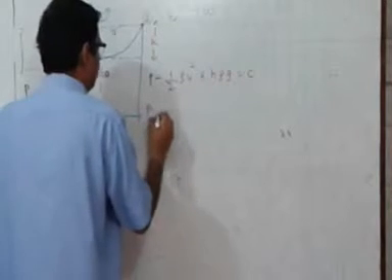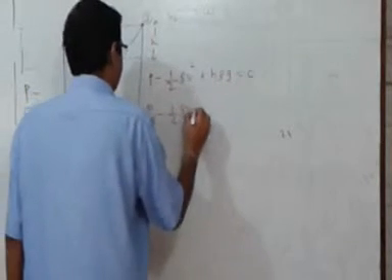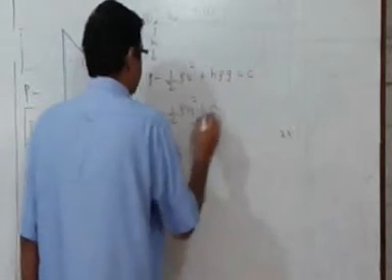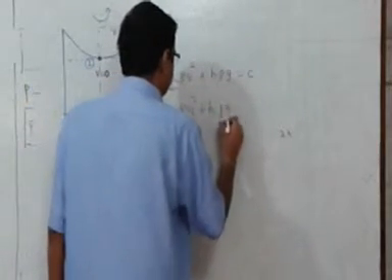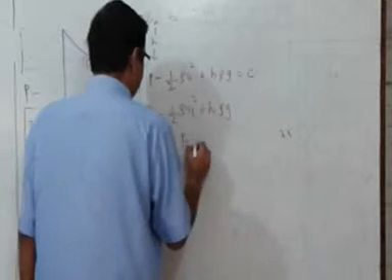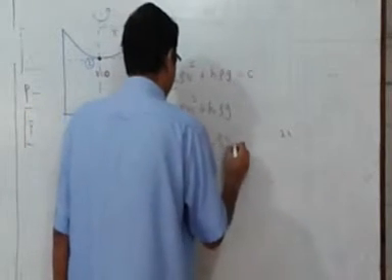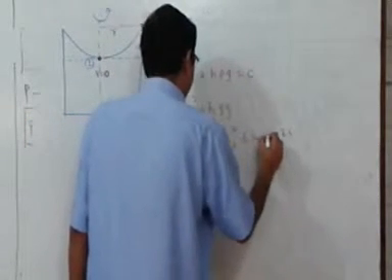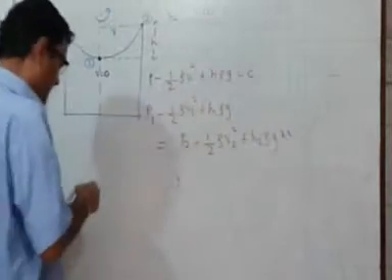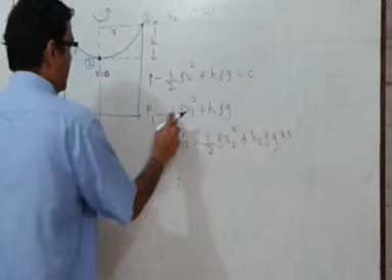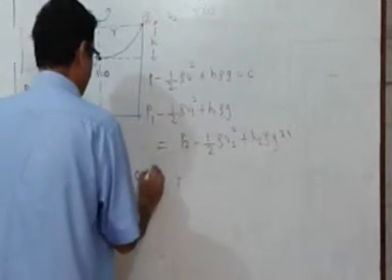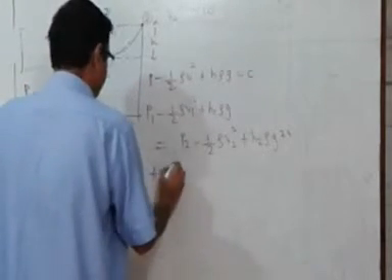So P1 minus half rho V1 square plus H1 rho G is equal to P2 minus half rho V2 square plus H2 rho G. Now let us see, P1 is P atmospheric, V1 is 0, H1 is also 0.